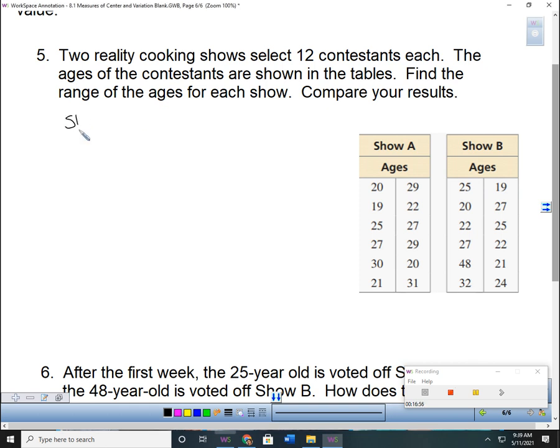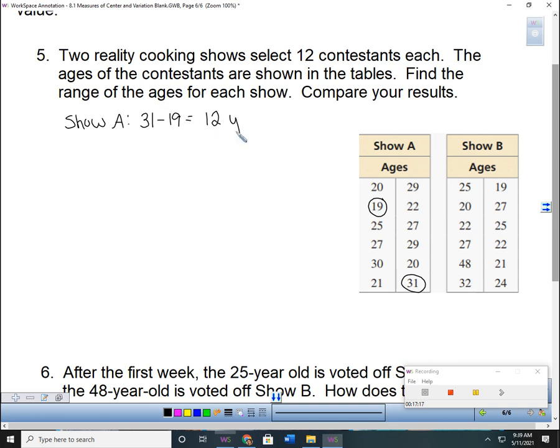So for show A, we're just going to take the largest age of the contestant, which is 31. And then we're going to do the youngest, which is 19. We're going to subtract those. So the oldest contestant minus the youngest contestant gives us 12.